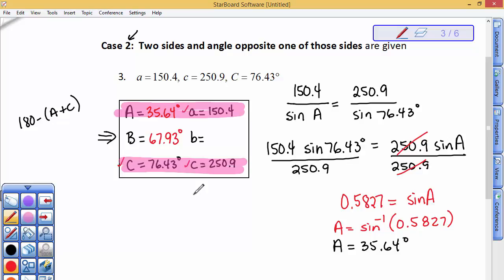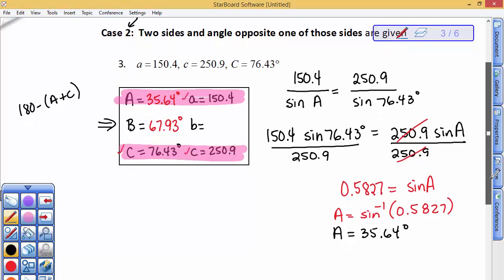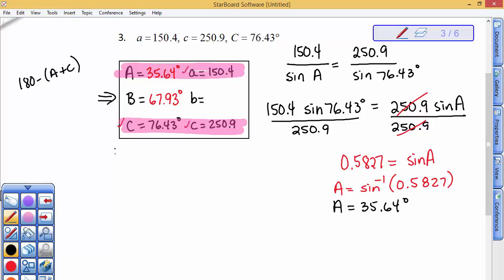And now I'm back to law of sines to find side B. I'm going to use the B's and the C's this time because the C's were given. Mind you, I calculated angle B from angle A, so any errors are going to carry through. I'm going to set this up as B over the sine of angle B equals side C over the sine of angle C. You have to have that word sine with the angle.